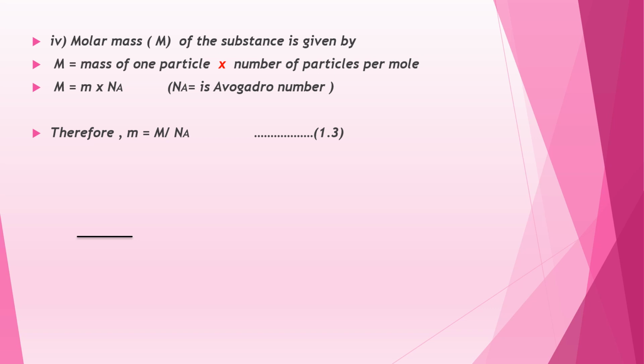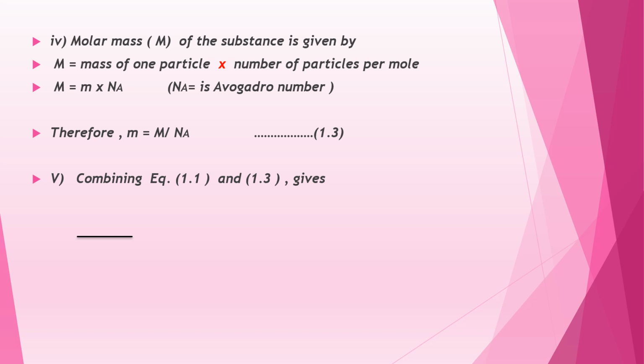If we want to calculate small m, then small m is equal to capital M upon Na, that is Avogadro's number. Then you have to combine equation number 1 and equation number 3 with each other.